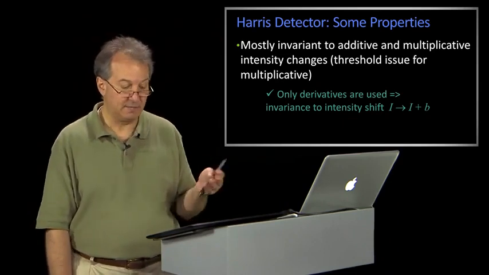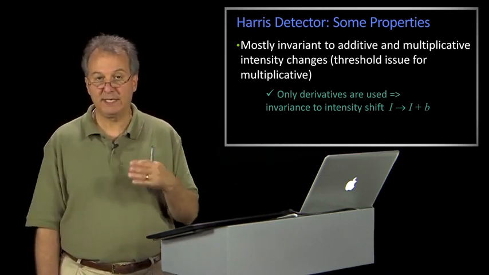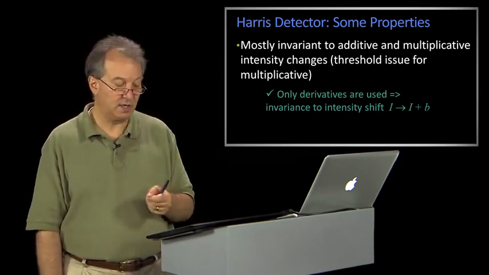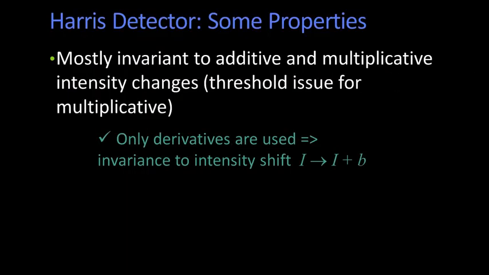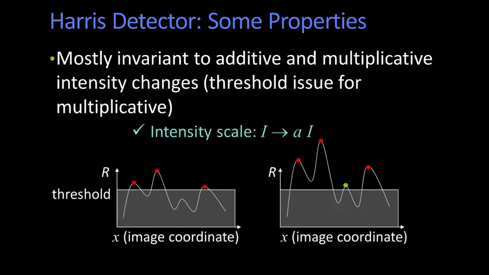My derivatives are the same. So it's totally invariant to changes in intensity shift. I just add a value. What if I multiply everything? Well, when you multiply an image, you multiply the gradients, right? Well, when you multiply the gradients, you multiply the R value. And that's what's shown here. Here we have an R function with certain peaks that were above a threshold.